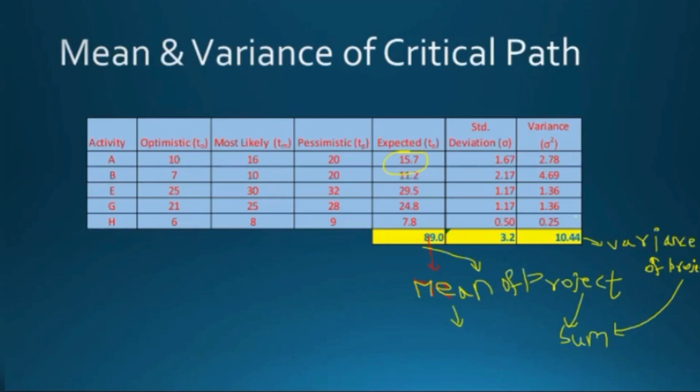The sum of the individual variances is the variance of the sum, or variance of the project. This is also calculated as per the central limit theorem.